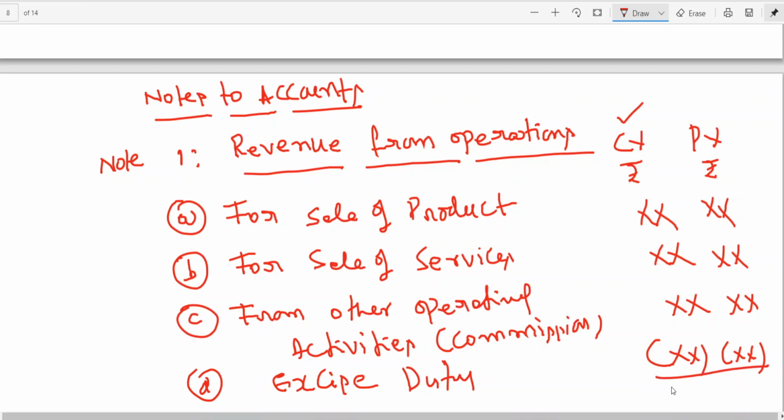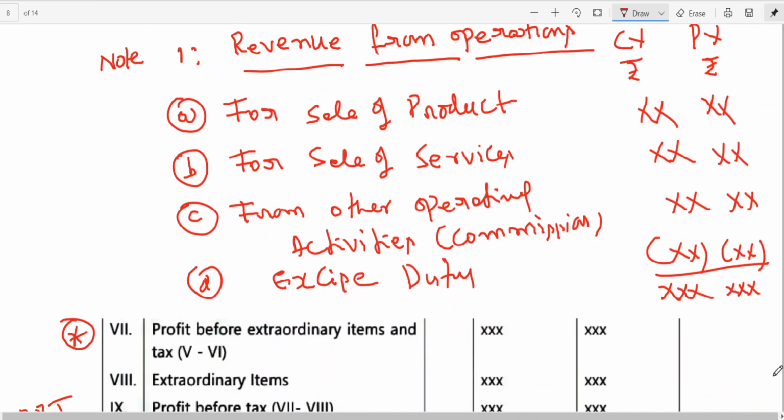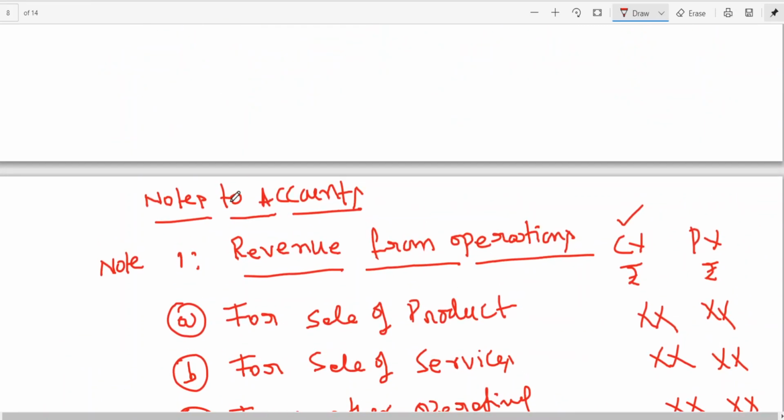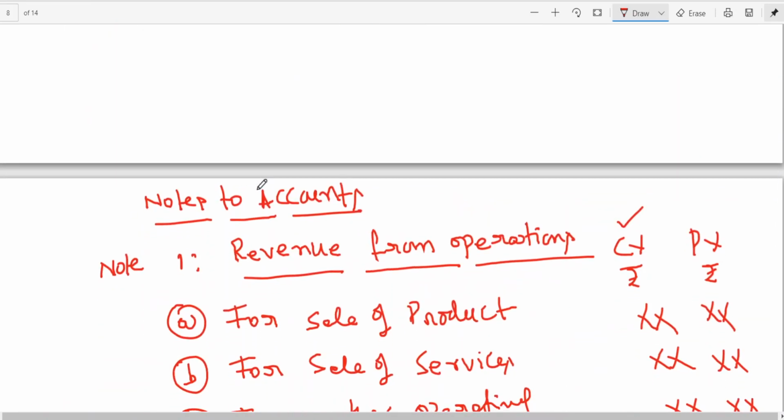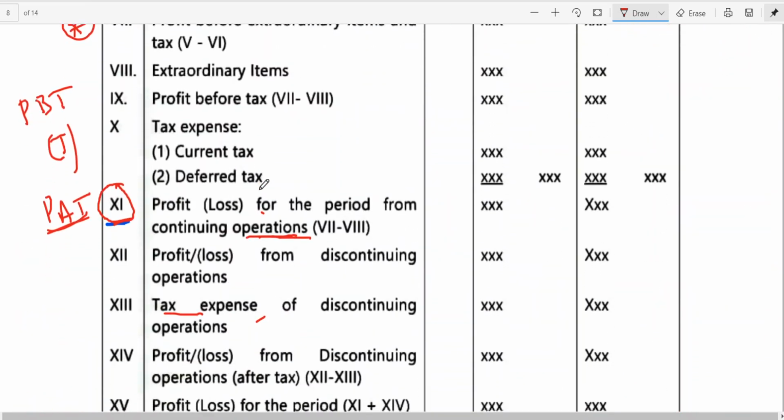Okay, this is your revenue from operations. I got the space I've written here. Okay, notes to account 1 is completed.